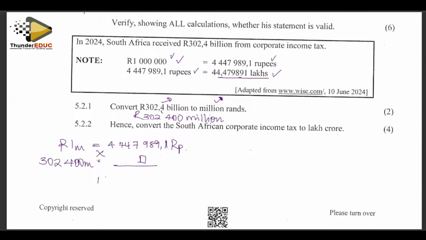So you end up having 1,3,4,5,0. These are rupees. We are changing them to lacquer.